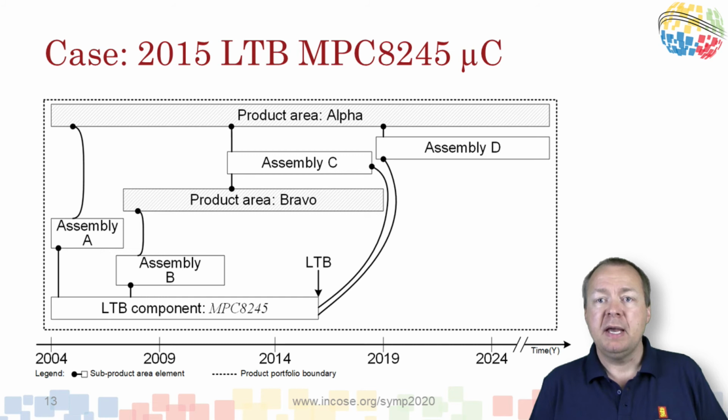The MPC8245 has all the characteristics of a critical component if obsolete. In 2015, KM surprisingly receives an obsolescence notification. At this time, KM has no plans to design out the use of the MPC8245 from the product portfolio.